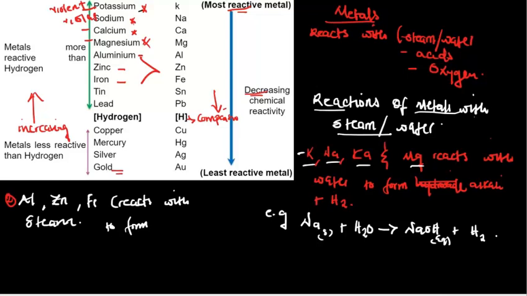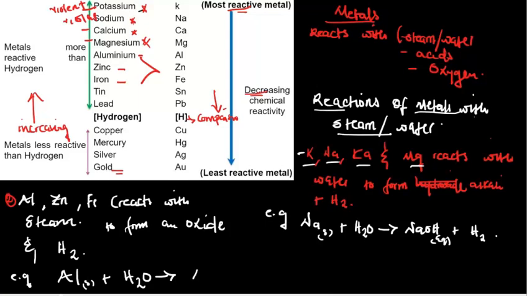They react with steam to form an oxide and hydrogen gas. For example, aluminium plus steam, which is still water, produces aluminium oxide plus hydrogen gas. Zinc produces zinc oxide plus hydrogen gas, and iron produces iron oxide plus hydrogen gas.